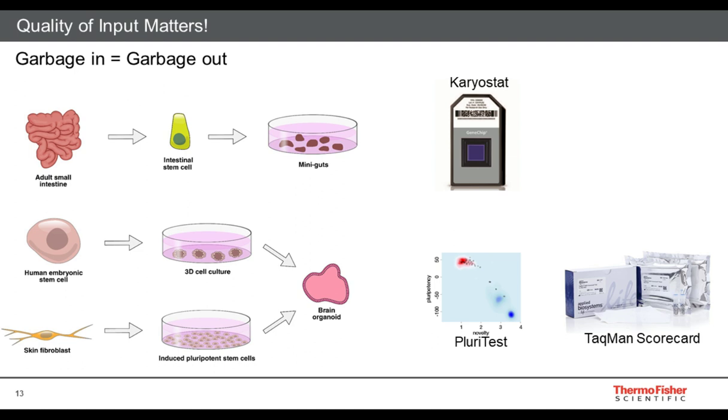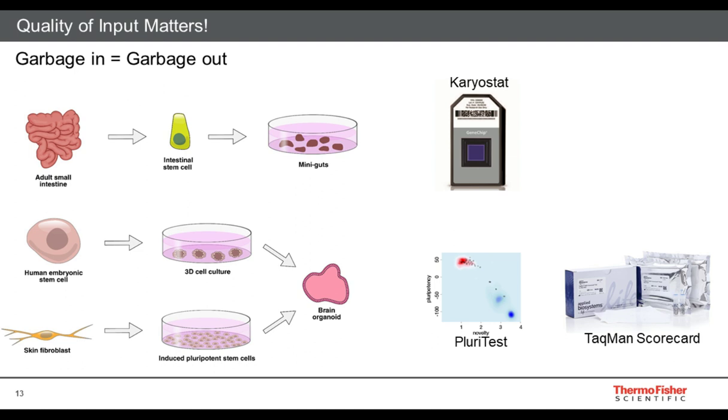You may hear phrases such as garbage in, garbage out, and I think that really applies to these models, in part because they do tend to be very long protocols. And so if you start with stem cells that are poorly characterized or growing poorly or have some routine culture issues, you really are setting yourself up for failure.